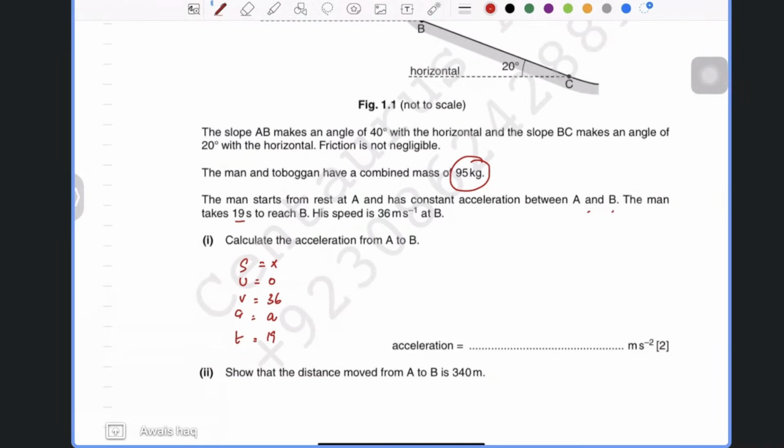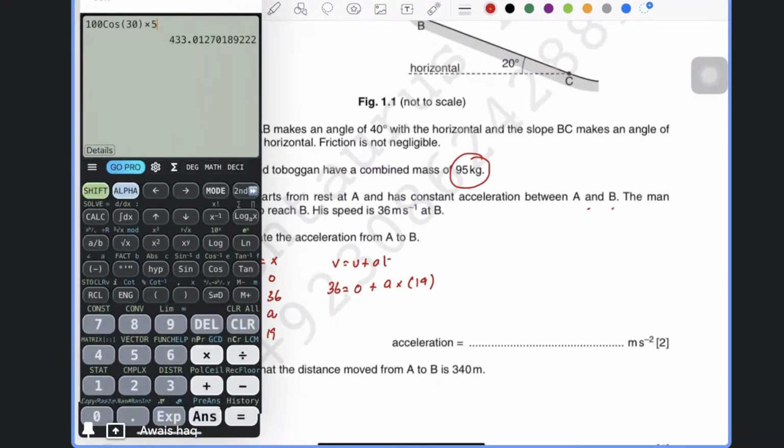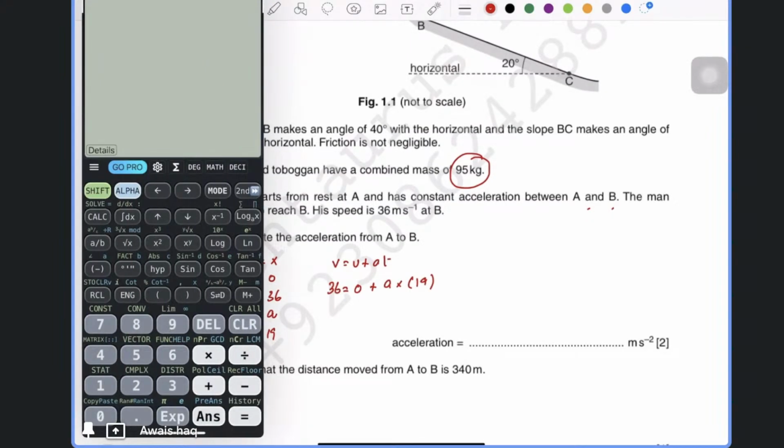So we're going to use v equals u plus at. The final velocity is 36 equals 0 plus a times 19. So it's going to be 36 divided by 19, and the acceleration ought to be 1.9 meters per second squared. So that's pretty simple.